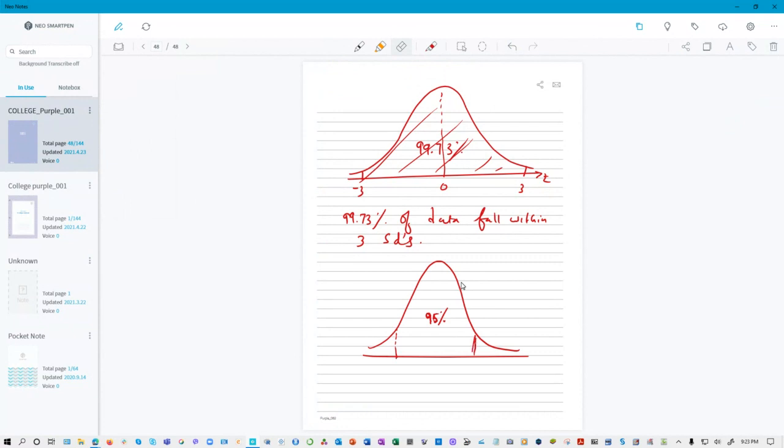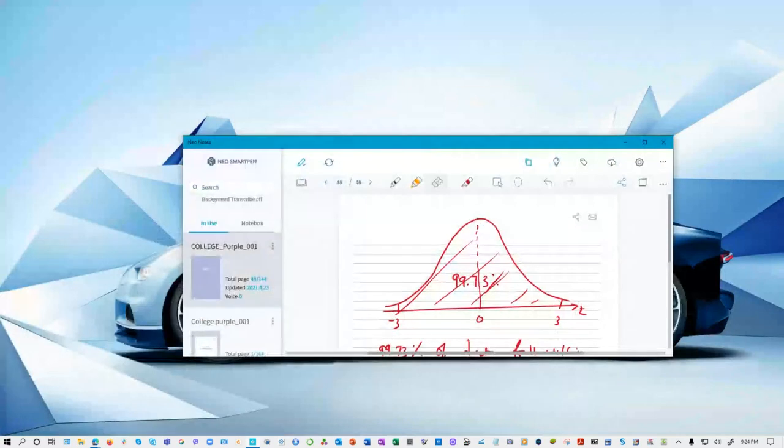They say the rest, which is 5%, should go, which is 0.05. If it is 95% in the middle, this should be 5%. 5% means 2.5% on this side and 2.5% on this side, which is 0.025 going to both sides. That's what they say.